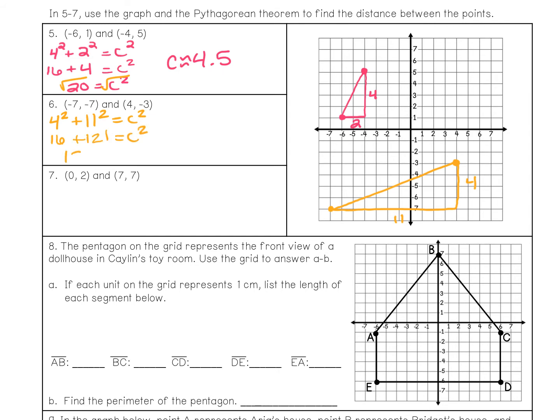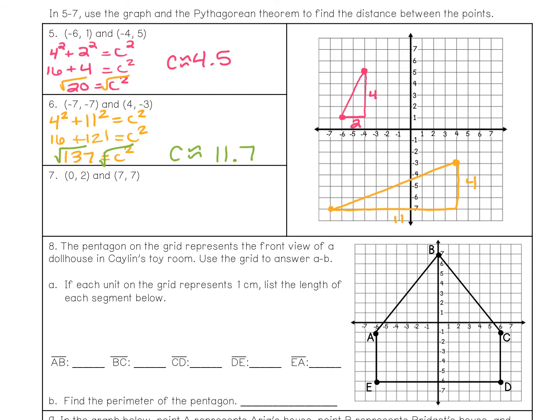And that gives me 137. I'm going to take the square root of both sides. And I get that C is approximately 11.7. For this last problem, I want you to try it on your own and come back to check your work.